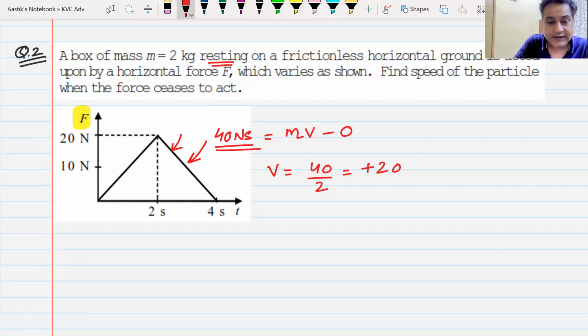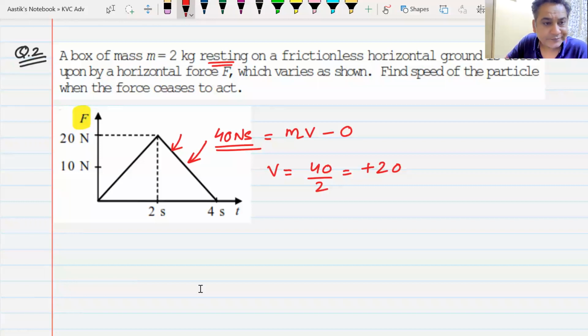So we write the next heading, collision. Now, what do you mean by collision?